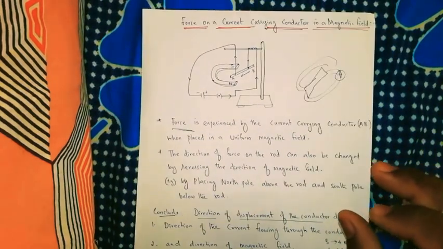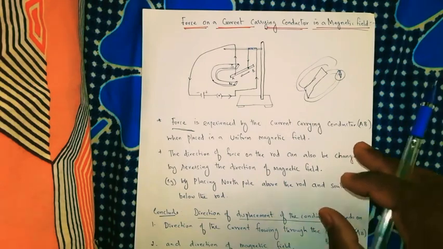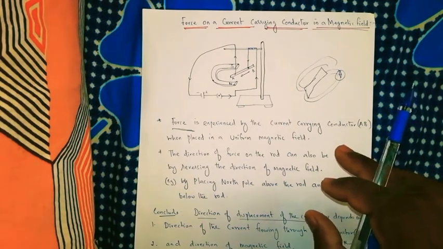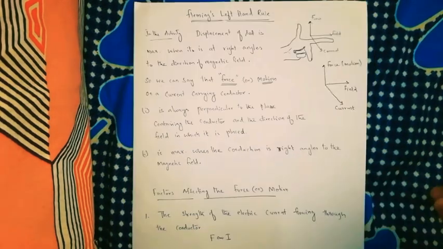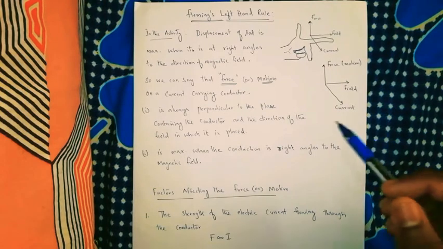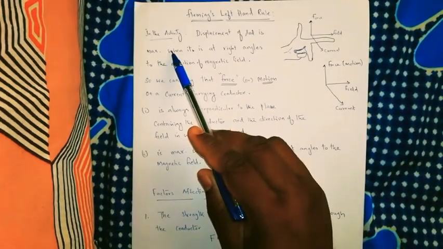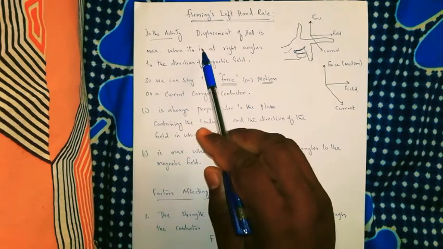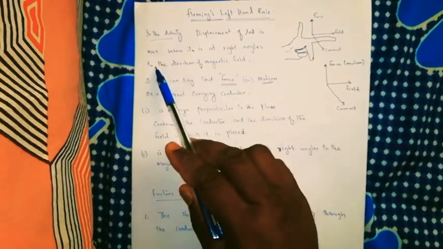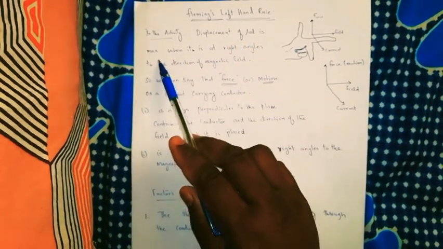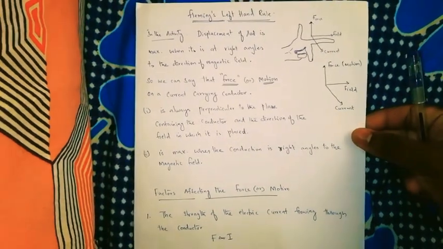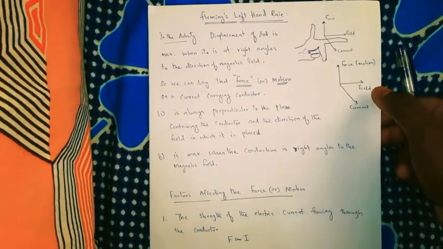So based on a similar activity, we are going to learn Fleming's left hand rule. In Fleming's left hand rule, we are going to take the same activity. In that activity, what we learned is that the displacement of the rod is maximum when it is at right angles to the direction of the magnetic field.